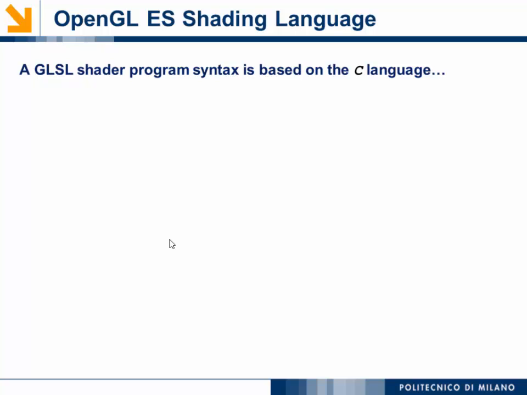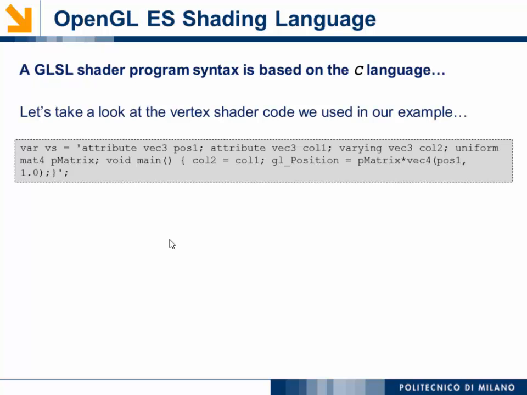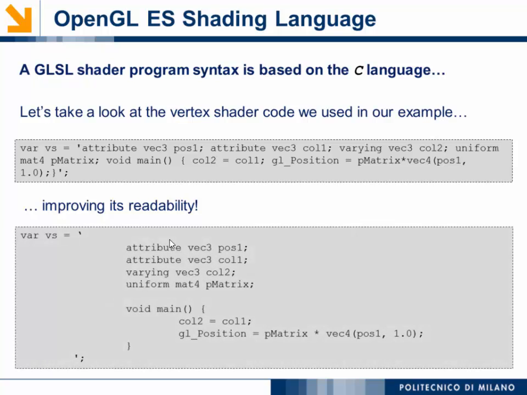The syntax is more or less the same, not C++, plain C. If we take a look at the vertex shader that we had inside the code of past lessons, which was kept inside an object called VS, and we improve its readability, that's what we obtain.